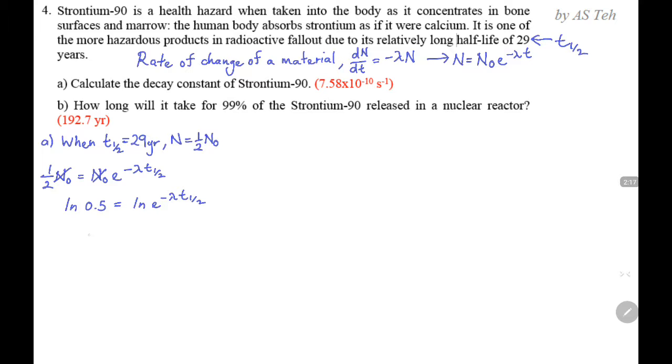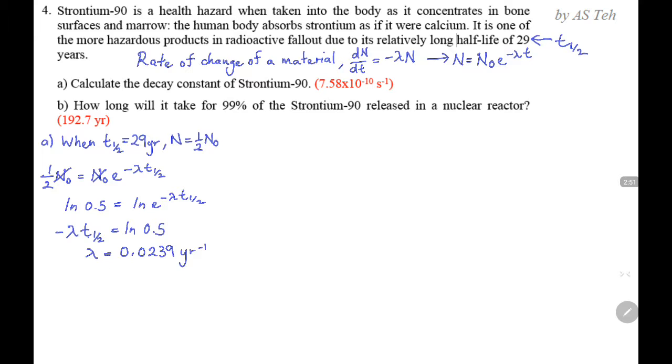This gives me negative lambda T half equals ln 0.5, and therefore if you calculate lambda with a calculator, lambda equals 0.0239 per year. You have to use T half as 29 years.